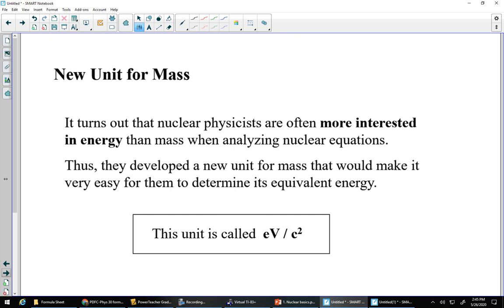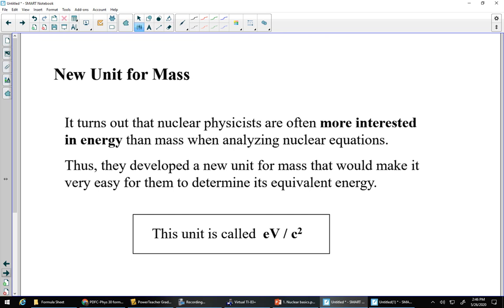Last thing that we want to talk about is a funky little unit for mass and mass energy. Whereas before we've always used kilograms for mass, physicists, especially nuclear physicists, are more interested in the energy side of things than the mass side of things.